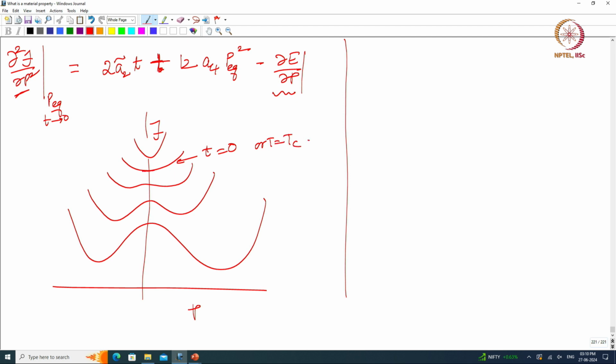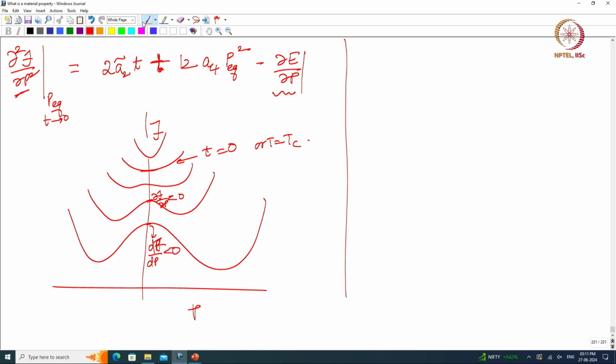At T equal to Tc, or when I am approaching T equal to Tc, you can see it. So if I look at dF by dP, dF by dP here is negative, dF by dP here is also negative, dF by dP here, sorry, dF by dP is 0, I am sorry, I am just confusing you.